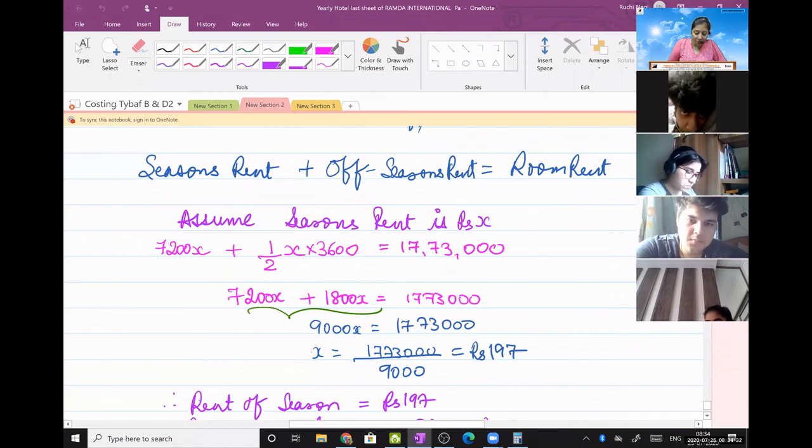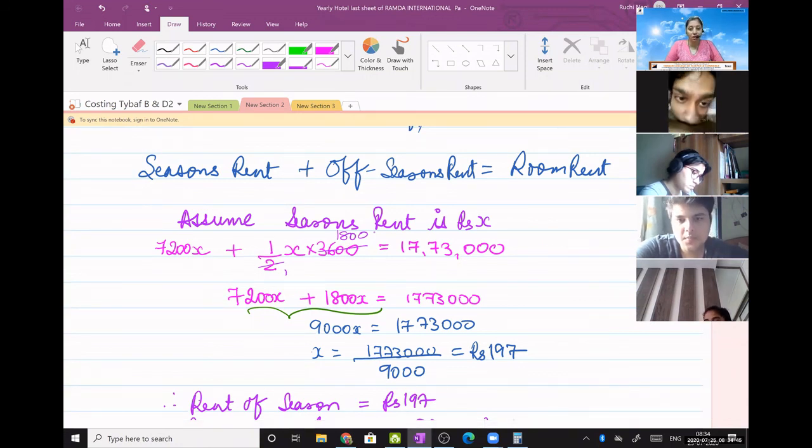Here, solve this equation. 2 ones are 2, and this will become 1,800. Correct? I hope you all know all this. You should, I mean, basic maths.